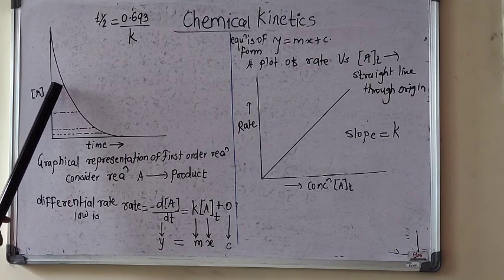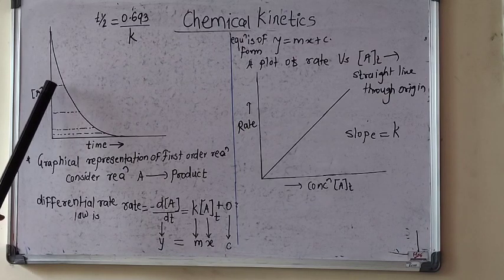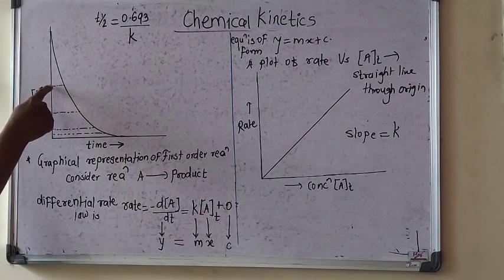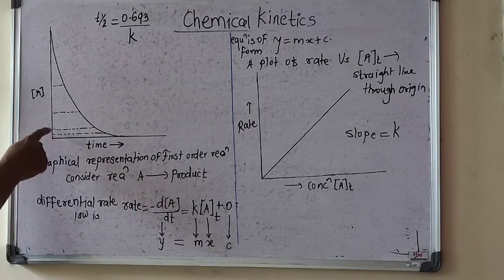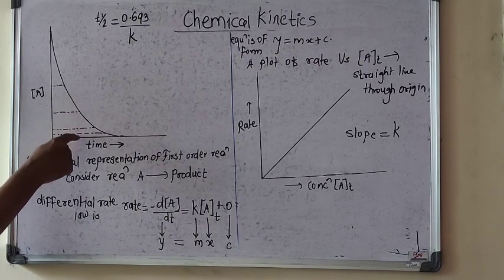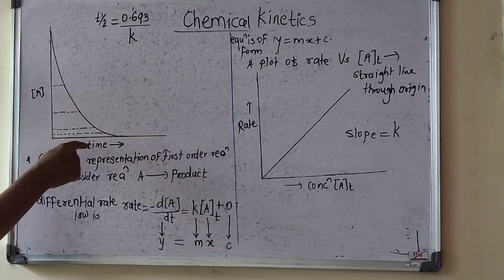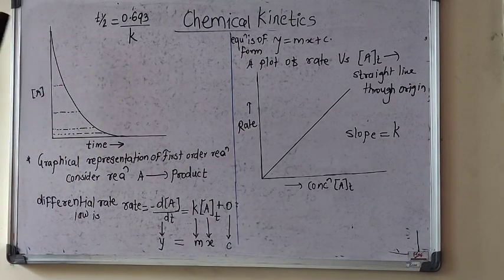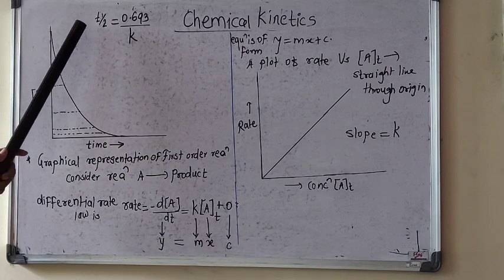If this is considered the initial concentration, then the time required for it to fall to half of the initial concentration is t1/2. If we extrapolate this onto the x-axis, we get t1/2. So it shows that the half-life period of the first order reaction is independent of the concentration.